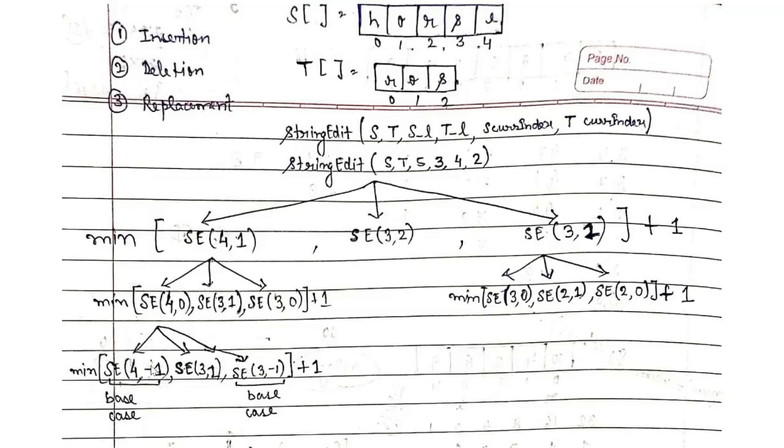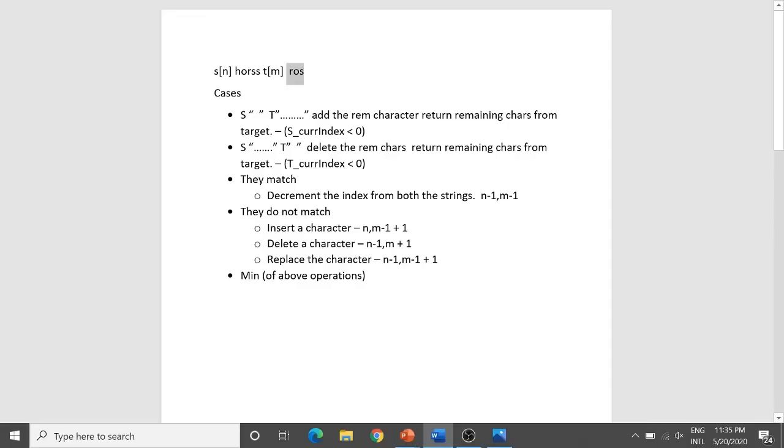Why? What does this -1 say? This says that now I am out of my target string. And what is this path? Look, what was this one? This one said that I inserted a character. So insertion, insertion, insertion. It means I have inserted RO, this thing. I have inserted ROS at the end of my string. Now what am I left with?